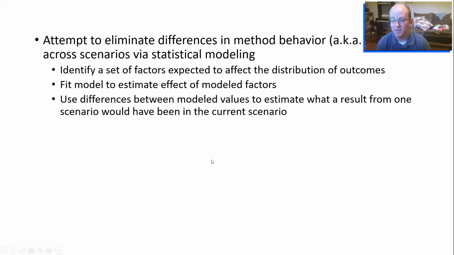So this raises the question of how can data from other situations help inform the behavior. One approach to doing this is to attempt to account for and eliminate differences in method behavior, what also might be known as biases, across the various scenarios using statistical modeling.